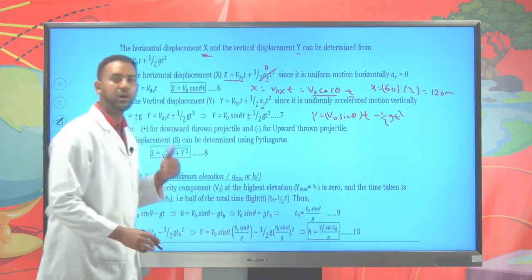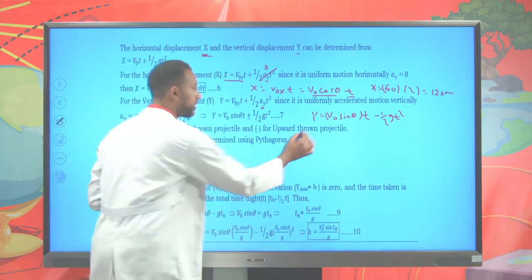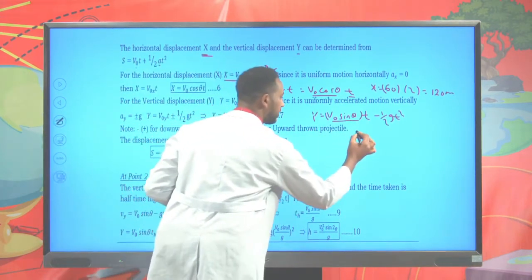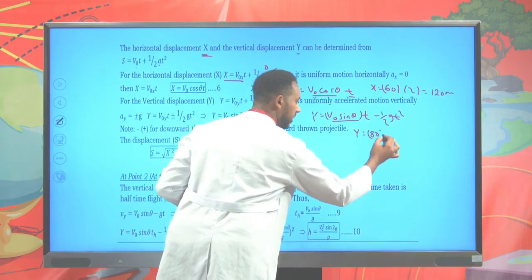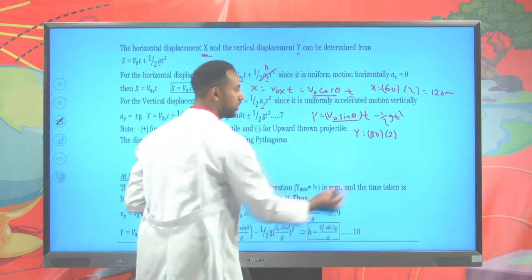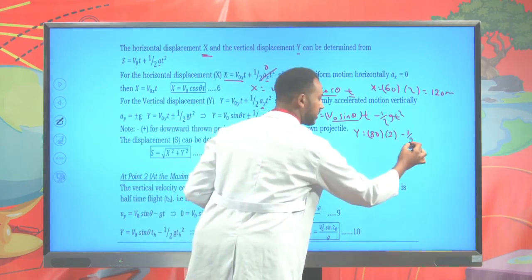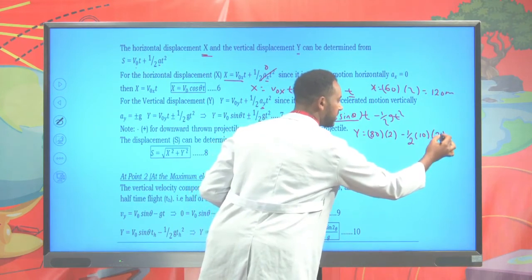How about the vertical elevation of that projectile? Here we have the initial vertical velocity component to be 80 meters per second, and you put time t equals 2 seconds. We use 2 minus 1 over 2, gravity is already 10 for calculation, and the time is 2 seconds squared.